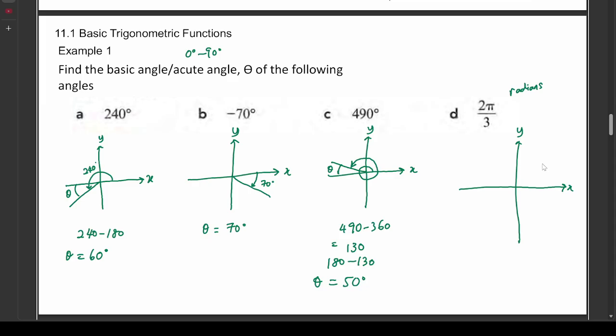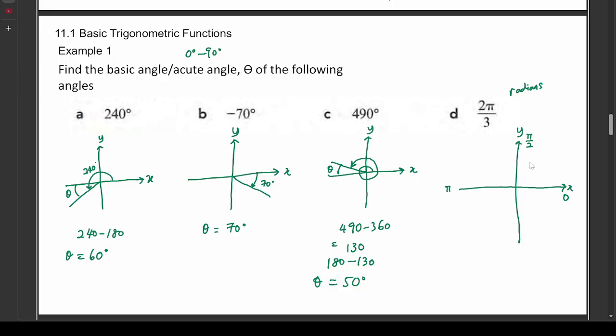So you need to check your main points, how much the angle is in radians. Here would be 0 radians. 180 is pi radians, so up until here is pi radians. Because these are in quarters, this is like half, so here would be pi over 2 radians.